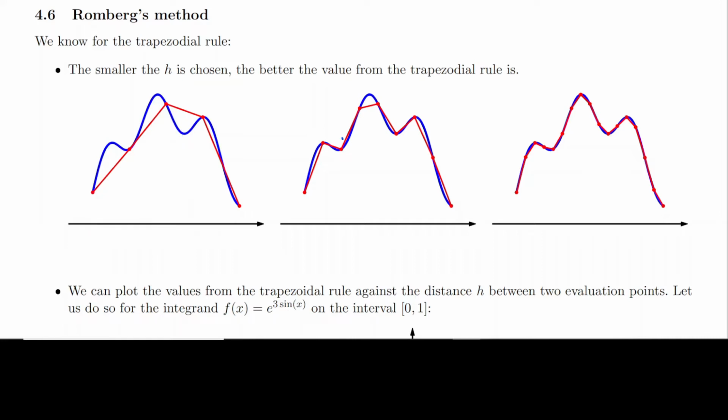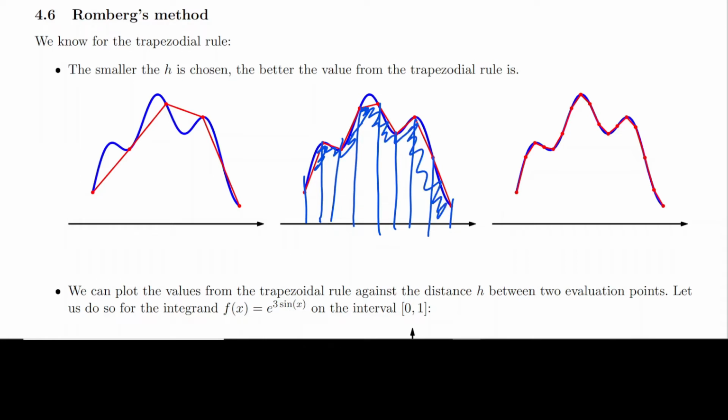But if we subdivide, these were our original evaluation points, and now we halve each interval, then the red curve and the blue curve are much closer, and so the integral value below the red curve is much better. Still not perfect, but the approximate integral value from the trapezoidal rule will be better than the first one.